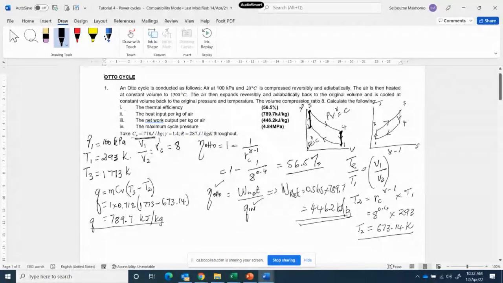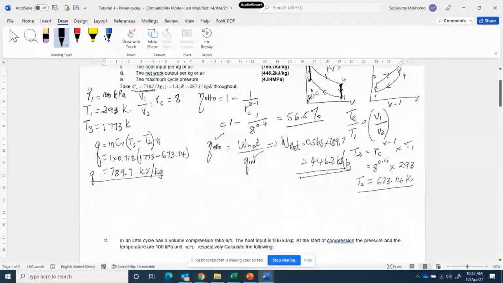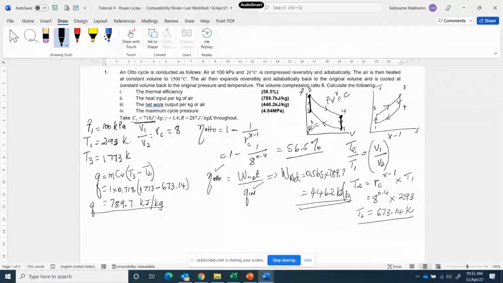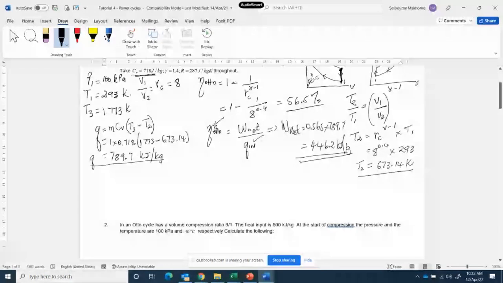is to calculate the maximum pressure in the cycle. The maximum pressure in the cycle according to a PV diagram is P3. In order to calculate P3, we are going to work in reverse, from 3 to 2 to 1. So P3 V3 over T3 is equal to P2 V2 over T2.